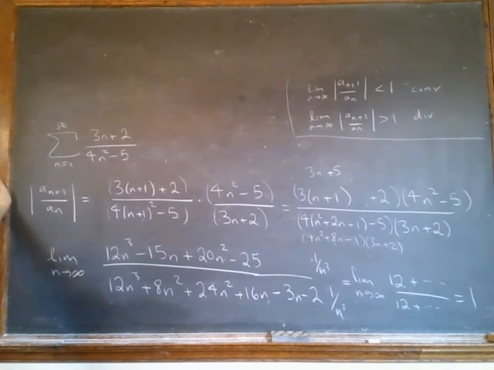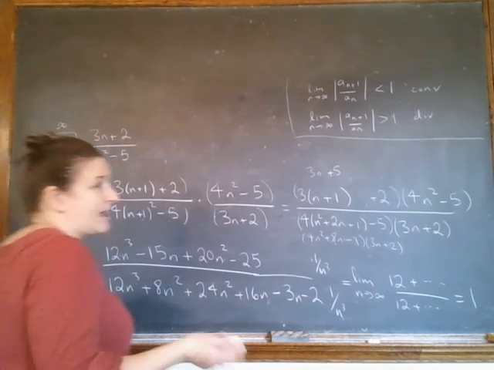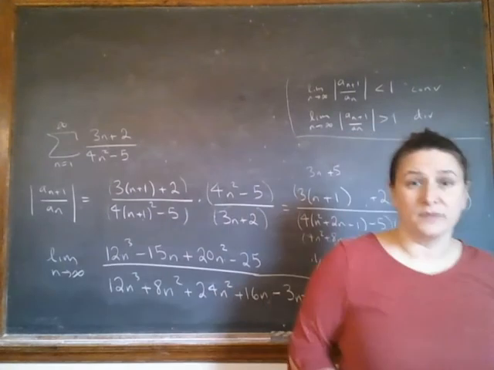This is going to happen for one of these rational functions, regardless of whether your underlying series converges or diverges. You can compare ratio test with 1 over n and ratio test with 1 over n squared. You're going to get 1 with both of them.